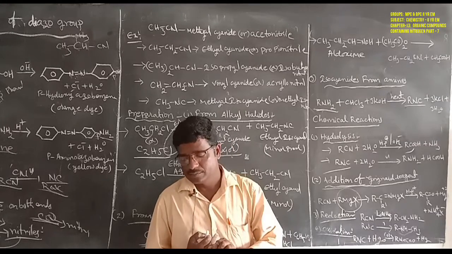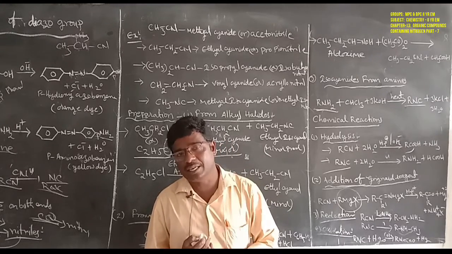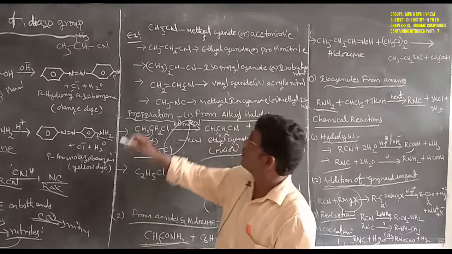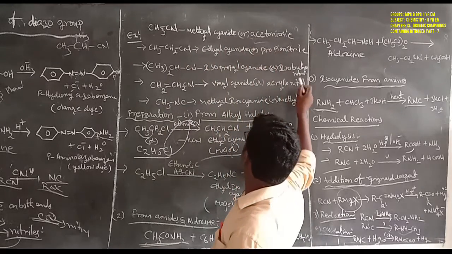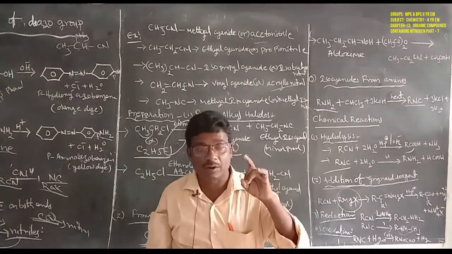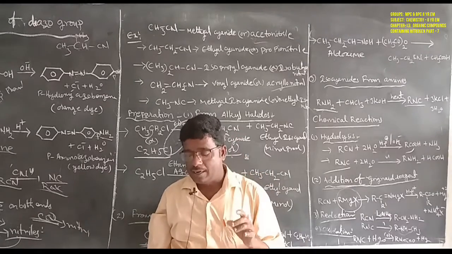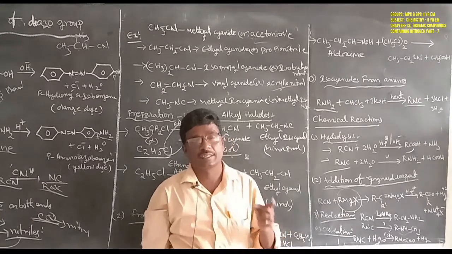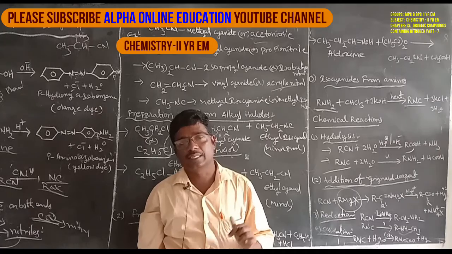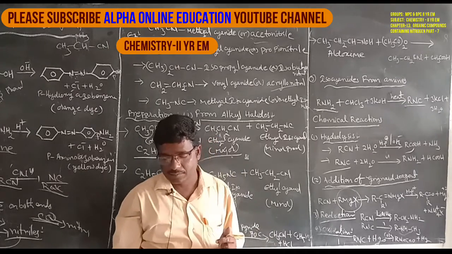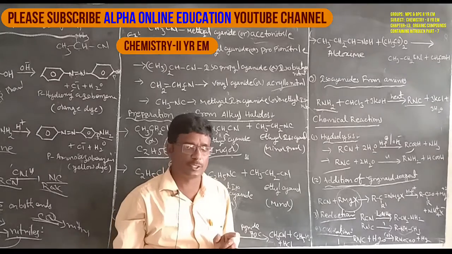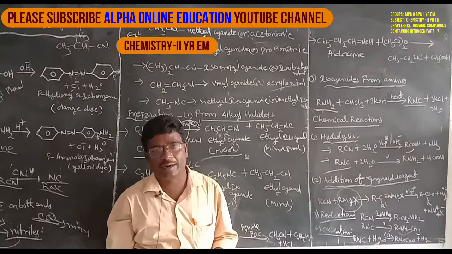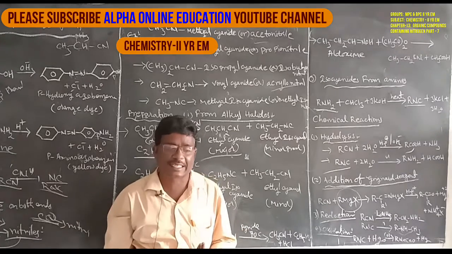Next, millions of pounds of acrylonitrile, also known as vinyl cyanide, are produced, which is major and important. It is principally used for the production of nitrile rubber and synthetic textiles.